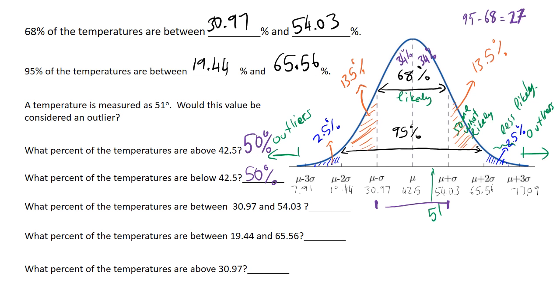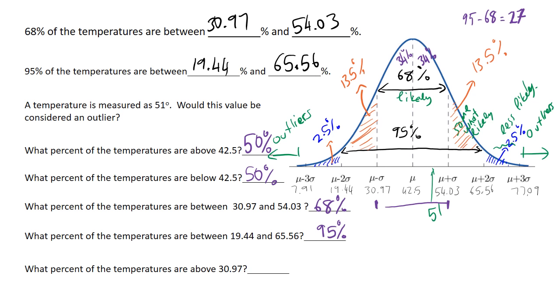That's kind of backwards of the first question. I would put 68% of the data. 68% of the data will be located within 1 standard deviation of the mean. What percent of the temperatures are between 19.44 and 65.56? That's 2 standard deviations away, so that's going to be 95% of the data.